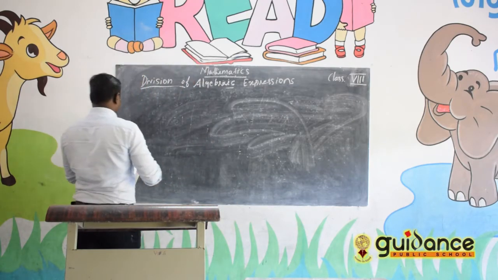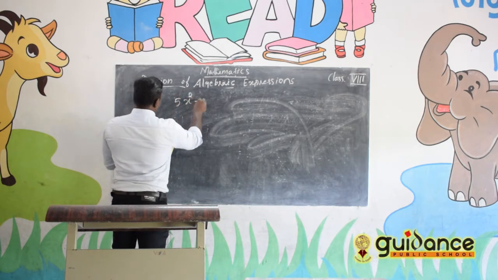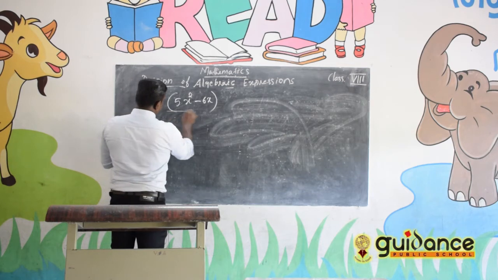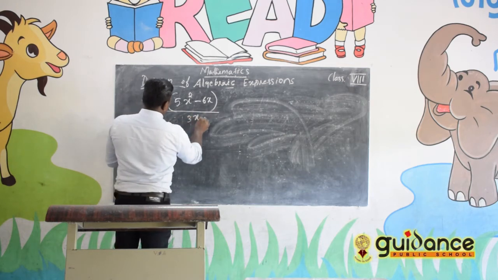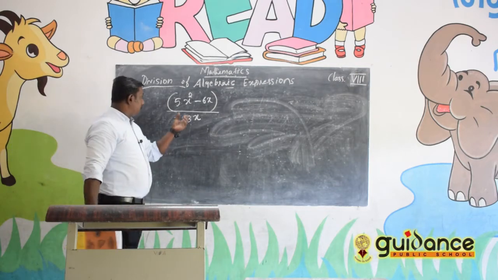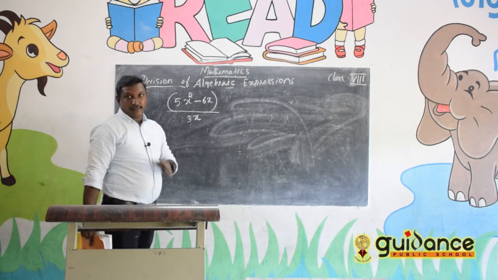So example, 5x square minus 6x divided by 3x. In this type of questions, listen very carefully, because since it is inside the bracket, we consider it as one expression.